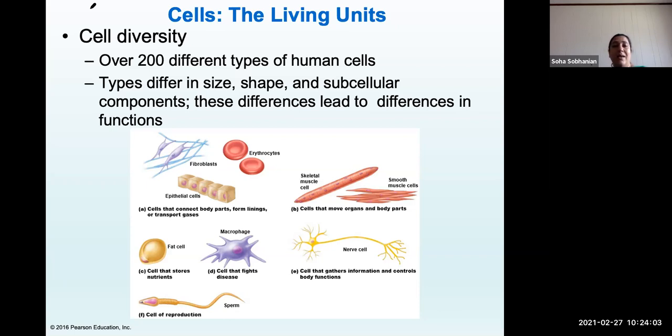For instance, regardless of what these cells look like, almost all of them, there are exceptions, will have a nucleus. They will have mitochondria. They will have rough ER and smooth ER. They will have lysosome, peroxisome, etc. So it doesn't matter how they look, they will have the same structures inside of them.